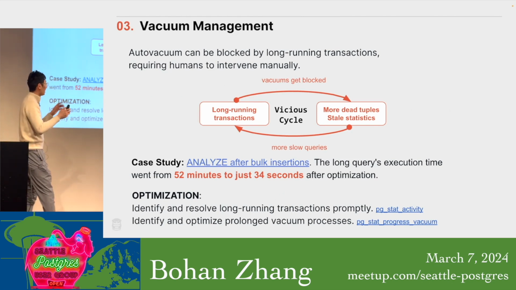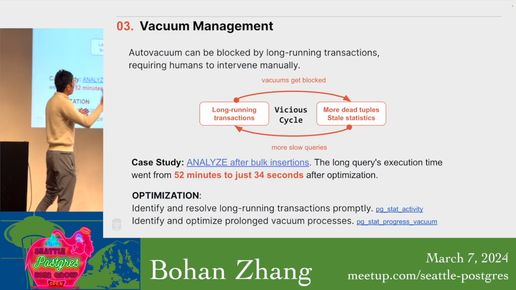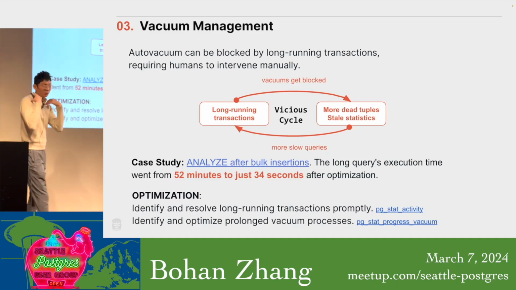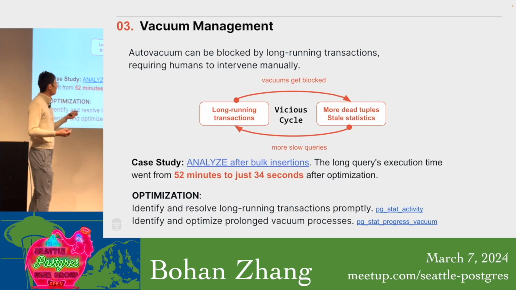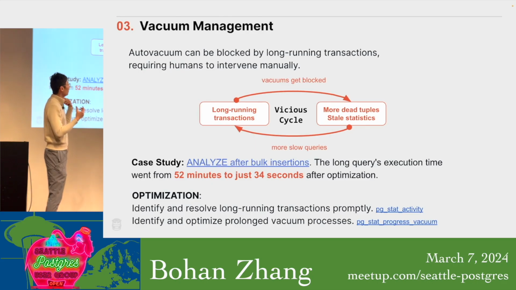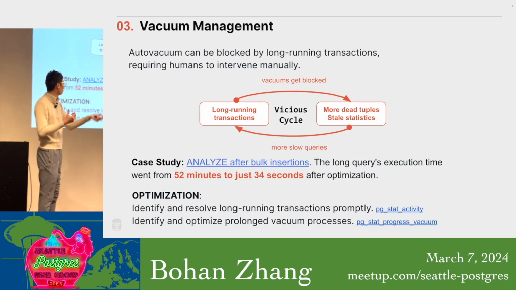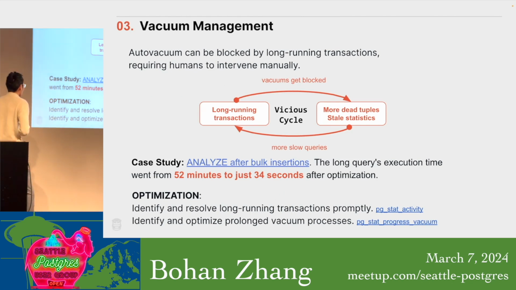If you have long-running transactions, vacuum will get blocked, and it will introduce more dead tuples and inaccurate statistics. And then it will generate more slow queries. So this is a vicious cycle that makes your database slower. You have long-running transactions, which block autovacuum, and then you have more dead tuples, and then it introduces more slow queries. So your database will get slower and slower.